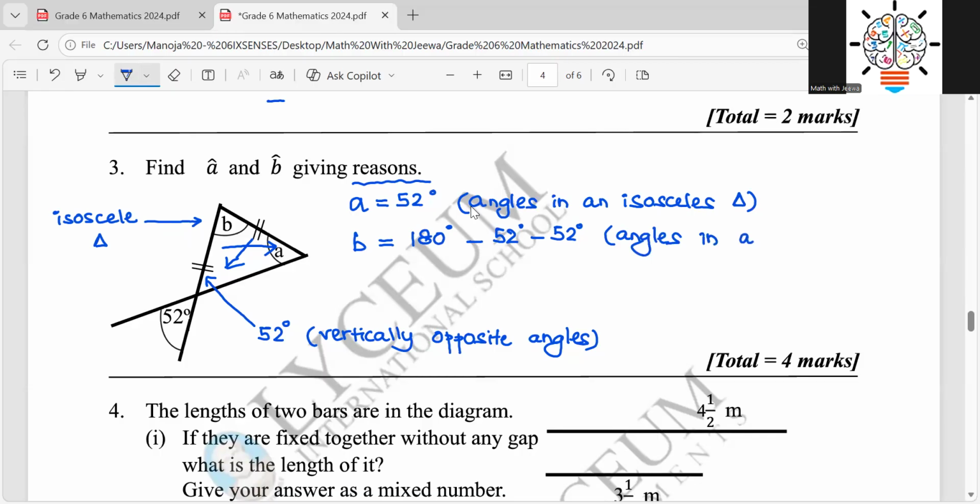Angles in a triangle add up to 180. So then I can write B is, you can just subtract and find from 180. First you subtract 52, right? 180 you subtract 52, and again you subtract 52, it gives me 76 degrees.